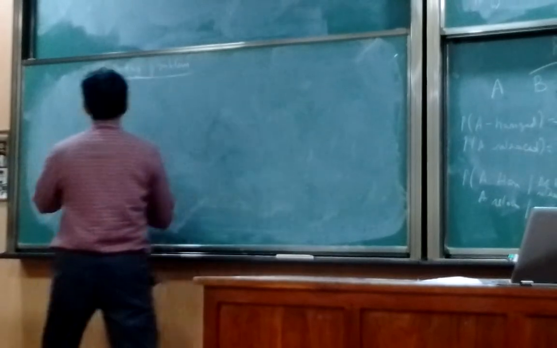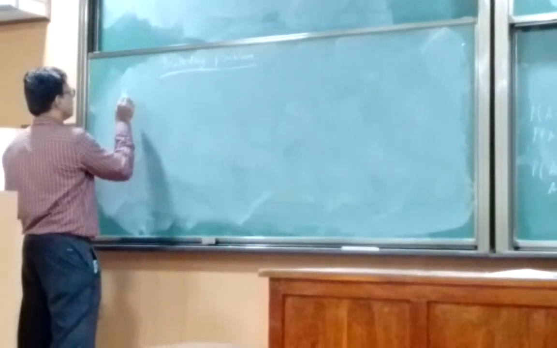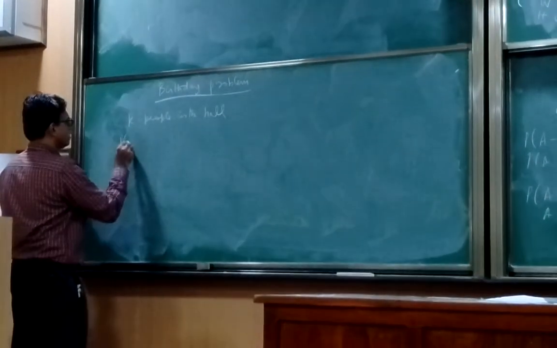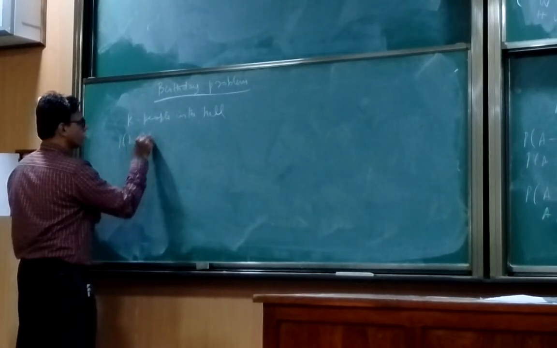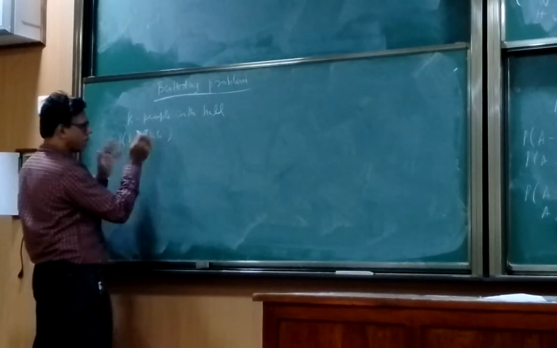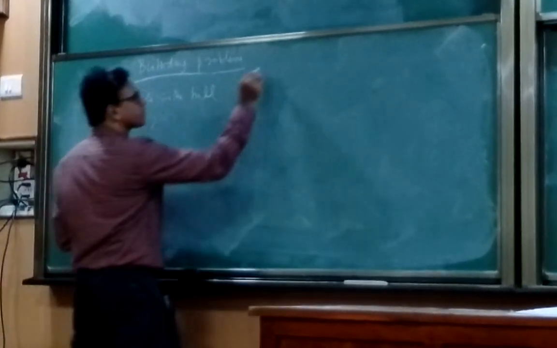So, let's say there are 10 people in the hall. The probability that their birthday falls on a particular day is equal to matching one person. We will take one person.